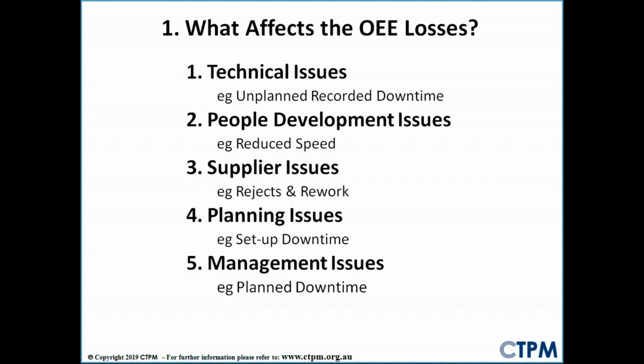And then management issues. Do we run the line all shift, or do we stop for breaks? That's a management issue. But planned downtime is affected and it has an impact on OEE performance. I've been in companies where they had a process making quite a complex product, and every time you had to start up the line, there was quite a bit of yield loss as they got it correct. By stopping at lunchtime and having a break in the morning and a break in the afternoon, they had extra startups that cost them a lot in waste.